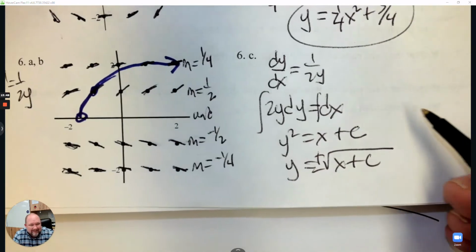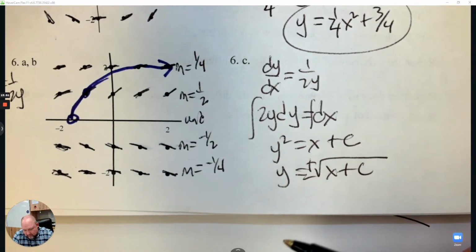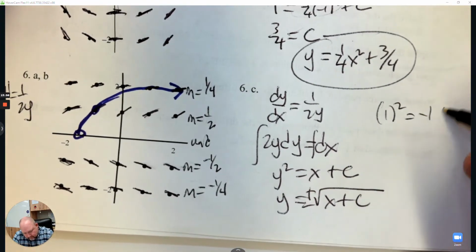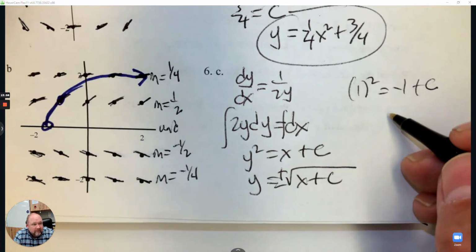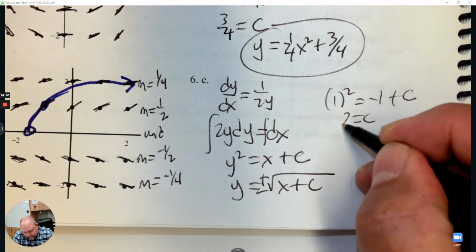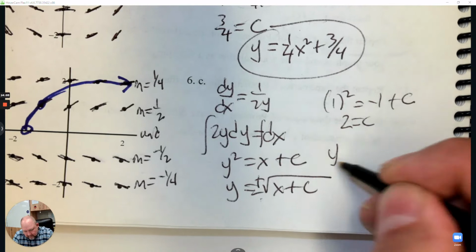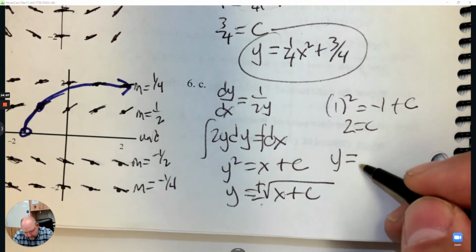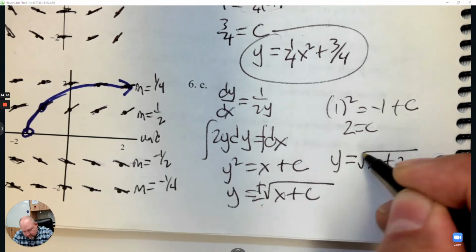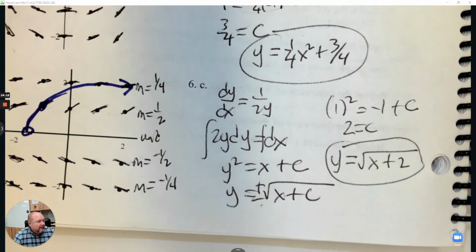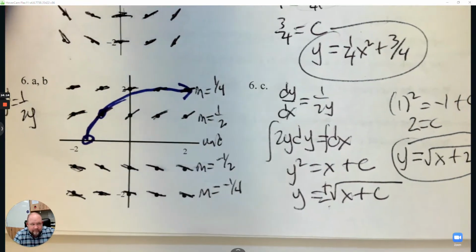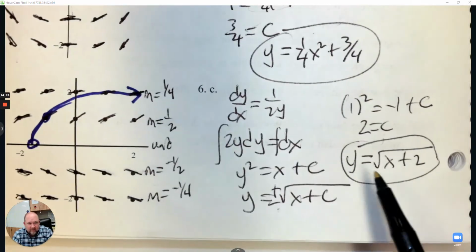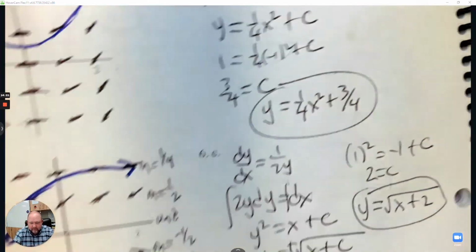If I plug in the point, which is negative 1, 1, and solve it, you can see that c is equal to 2. So I come back here and I write down y equals, because the y value is positive, I use the positive one. And we just found c to be 2. And it's nice to know your functions to see what the curve looks like, and you can confirm that it matches.